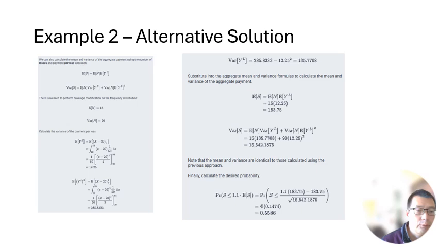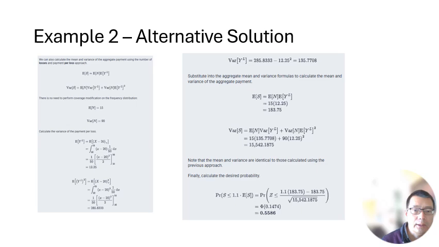So we can calculate that using the formula, and get its expected value of Y^L to be 12.25 and the expected value of Y^L squared to be 285.833. From this, we can get the variance of Y^L to be 135.77. With everything in hand, we can calculate the E[S] and the Var[S] using the formula.